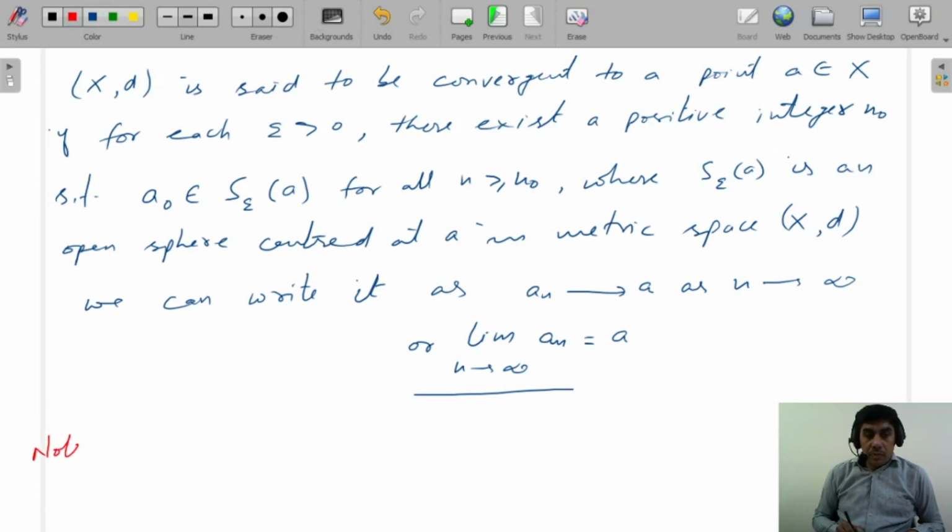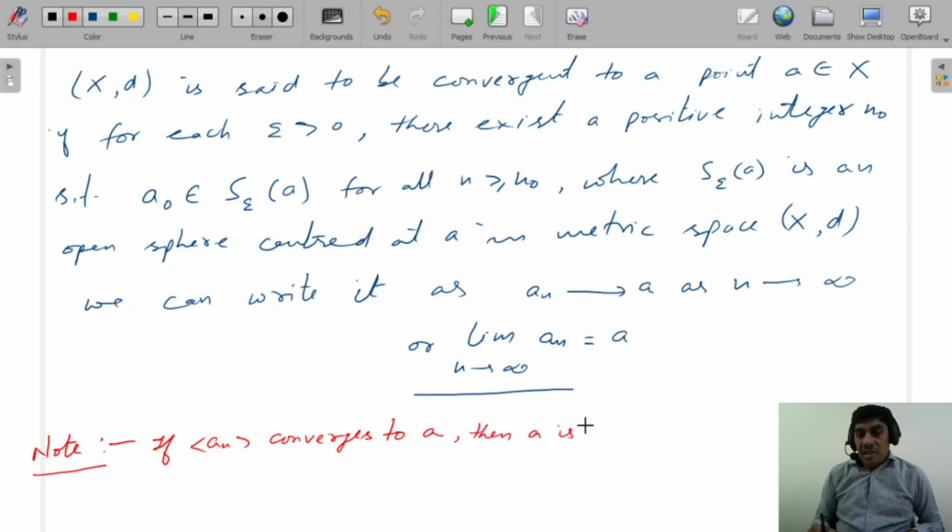Note, if a_n converges to a, then a is the only cluster point.